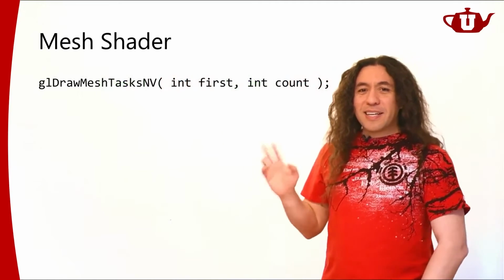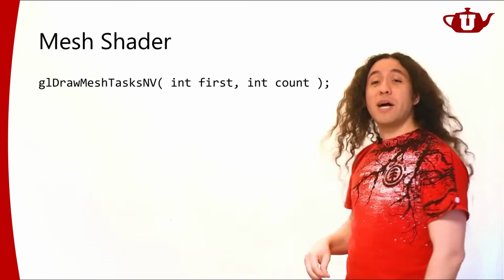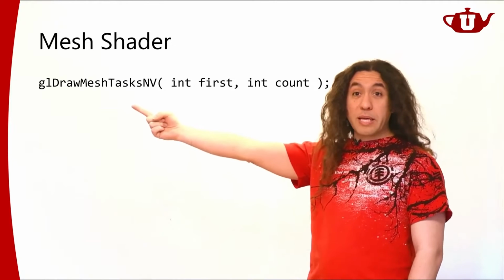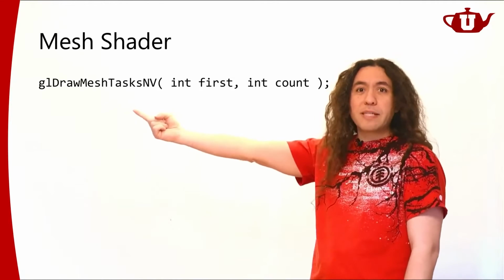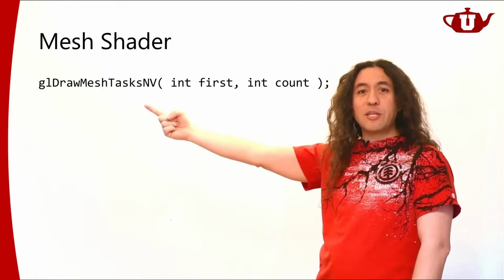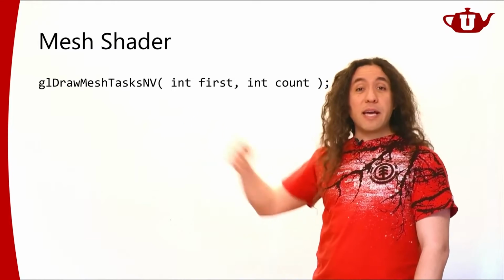All right, so let's see how you can use mesh shaders. These are going to be draw calls because this is actually graphics rendering, but it's a special kind of draw call, draw mesh tasks NV. This is an NVIDIA extension.